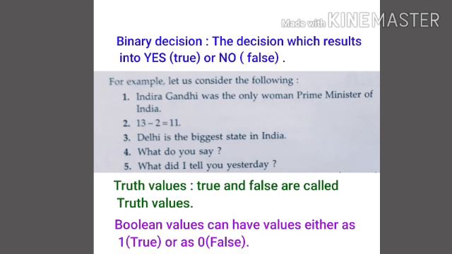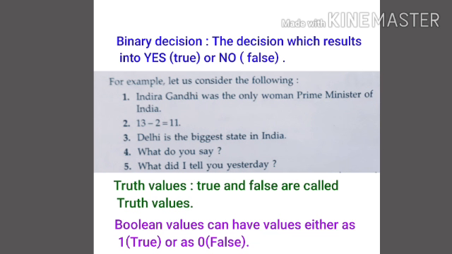So the sentences which can be determined to be true or false are called logical statements or truth functions, and the results true or false are called truth values. The truth values are depicted by logical constants. These are true and false, or we can show them by the values 1 and 0.